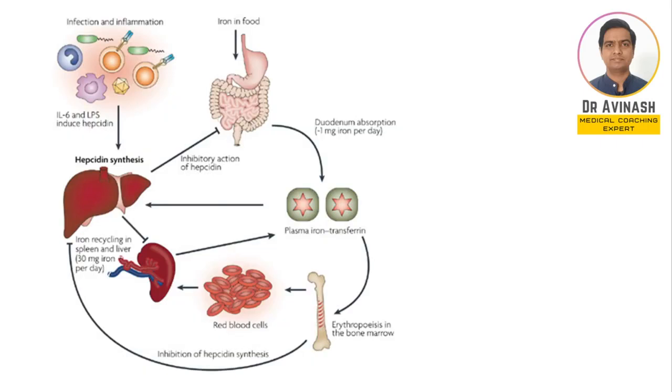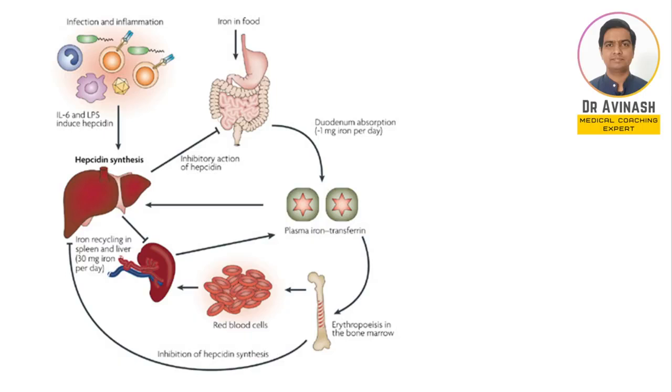This iron which has been absorbed, in the form of the plasma iron-transferrin combination, goes to the bone marrow where RBC production is taking place. RBCs serve their purpose. Within 120 days they become old, senescent. Old RBCs go to the spleen where they are destroyed. Old RBCs can also be destroyed in the liver, and the iron that comes out of these destroyed RBCs is again given to plasma transferrin, goes back to the RBC.